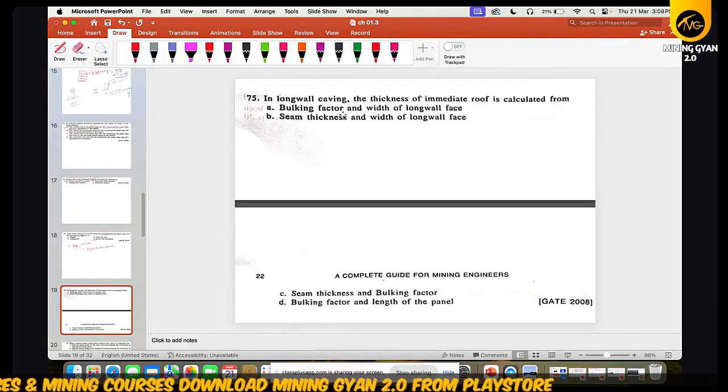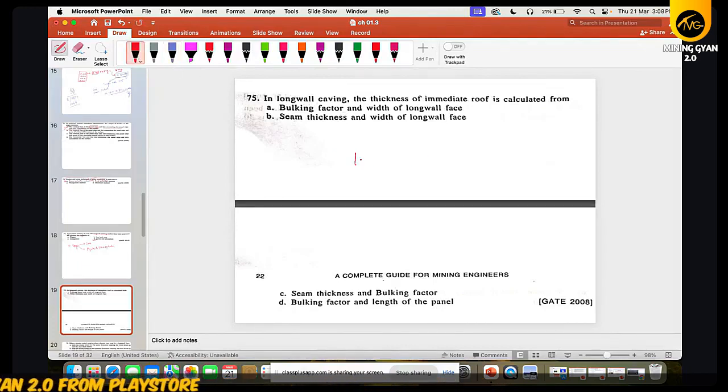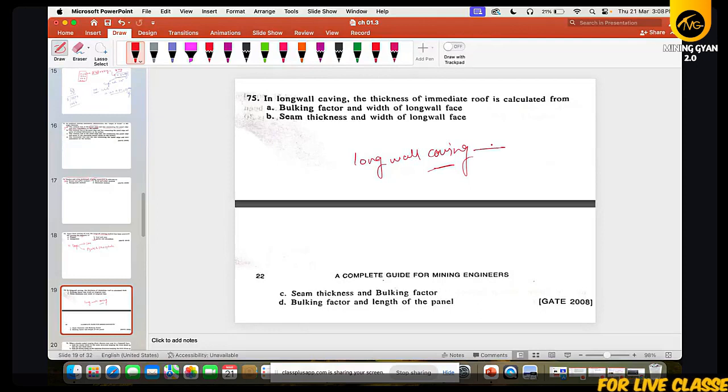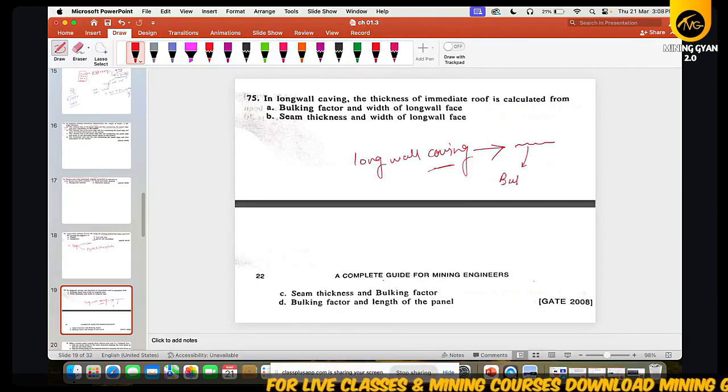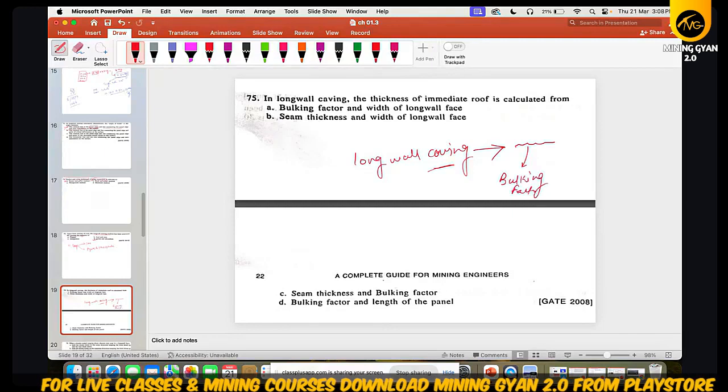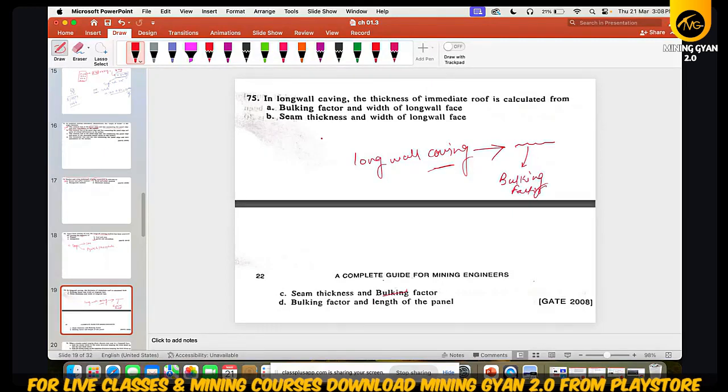In longwall caving, the thickness of the immediate roof is calculated. So in the longwall caving method, the immediate roof can be calculated by, first, the bulking factor. So the bulking factor, only options 2 and 3.